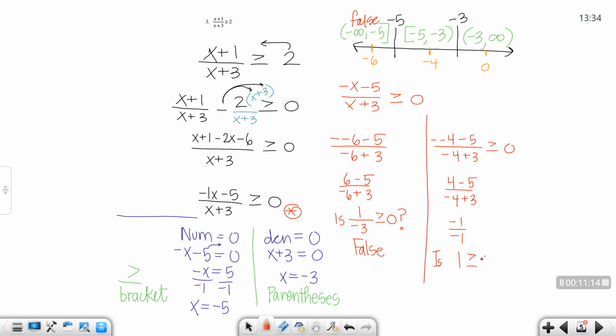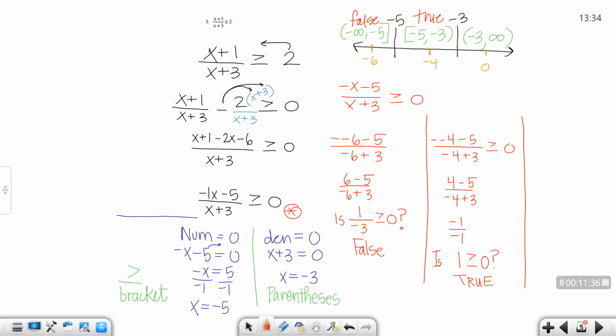Is positive 1 greater than 0? Yes. So that means that this part is true. You'll say, well, I've noticed they're always alternating. They don't always alternate. Most of the time they do, but they don't always alternate.